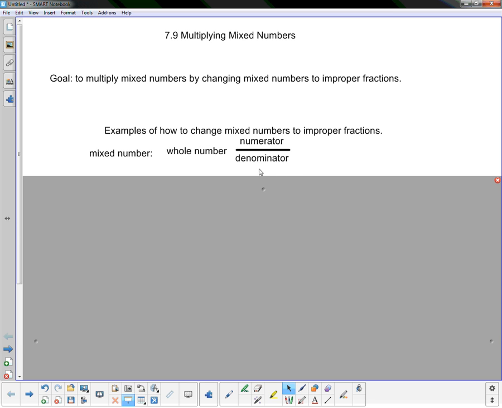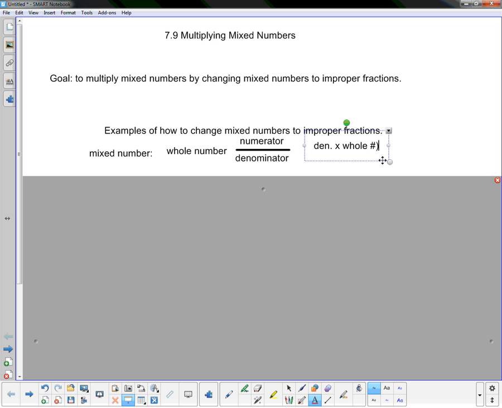So how we would change that from a mixed number to an improper fraction is with this process. It's kind of the opposite of what we've done before when we changed an improper fraction to a mixed number. You take the denominator and multiply that by the whole number.